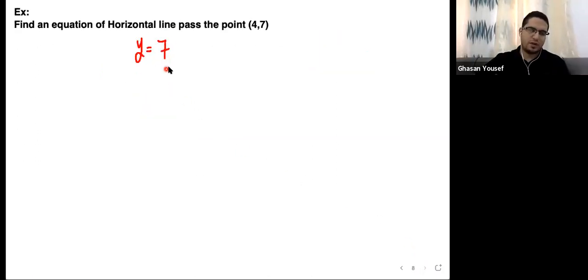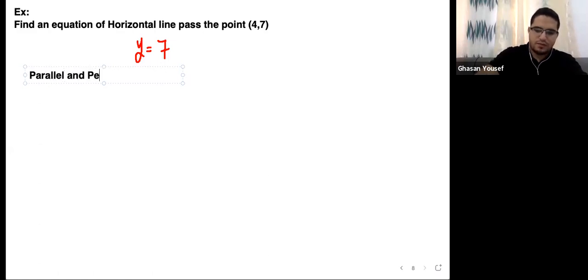Now we're going over the parallel and perpendicular lines. This is a very important thing in this section.